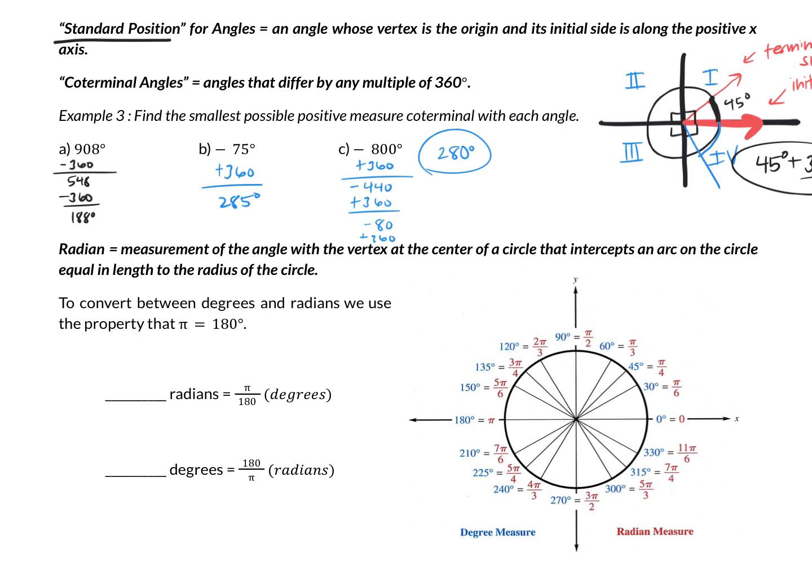So radians are just another way of measuring angles. They're a little easier to work with when we start talking about trig functions, meaning like sine, cosine, tangent, that kind of stuff, okay? So we're going to want to leave it in terms of pi if it says we want a radian, and we're going to change it from radians to degrees by multiplying by a fraction.